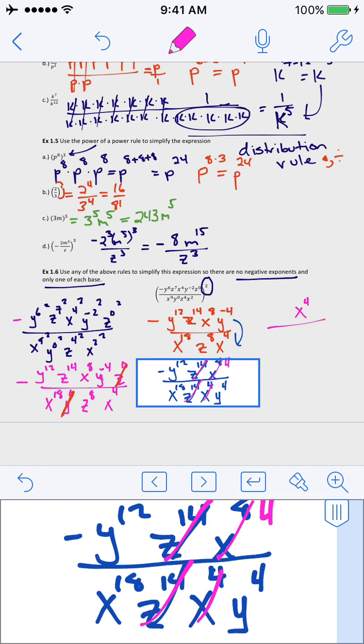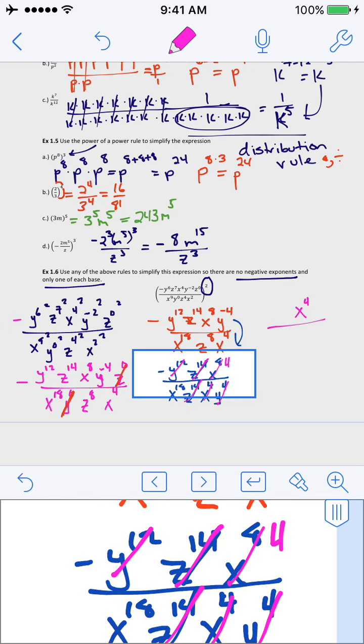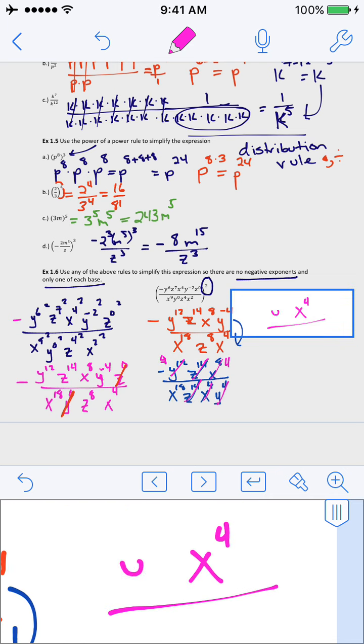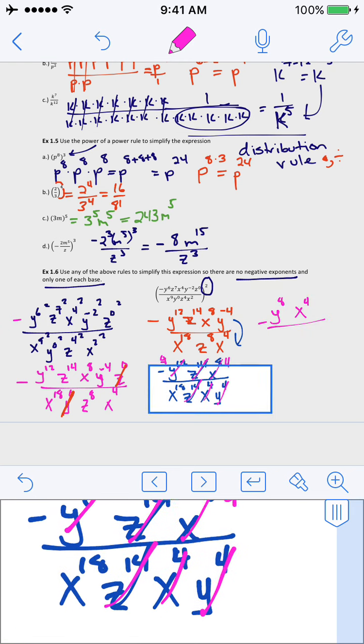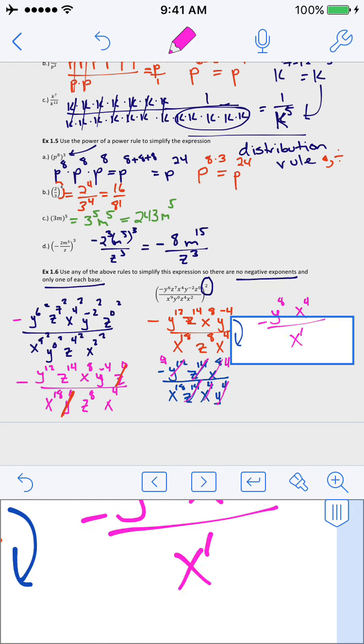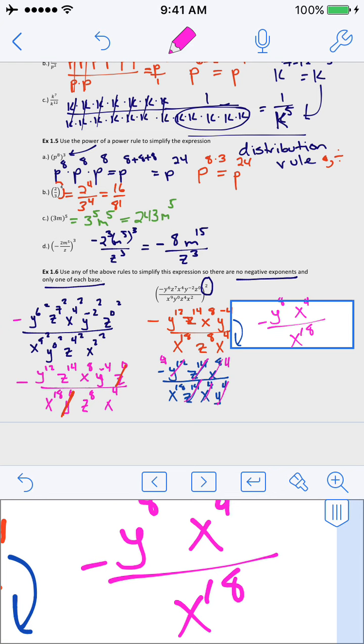And for the y's, if I have 12 on the top and 4 on the bottom, I'm left with 8 on the top, by subtraction. So y to the 8th, keep that negative, and I still have that x to the 18th. I've got one more thing I can do.